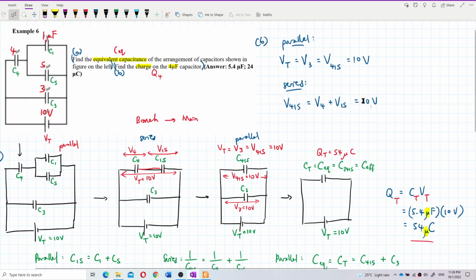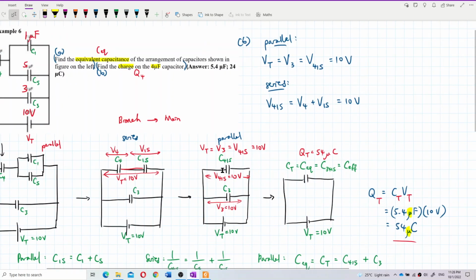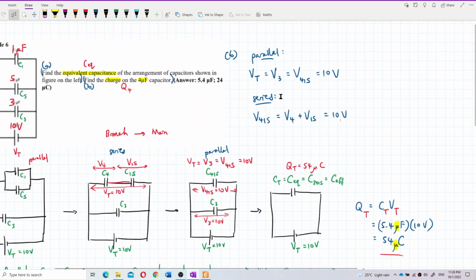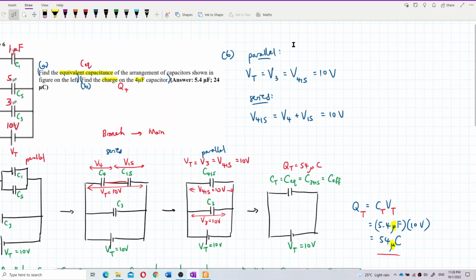To do it from charge, we go back one step to the parallel. We know that V415 is 10 volts. Maybe I can find the charge for this capacitor, Q415. Q equals CV.